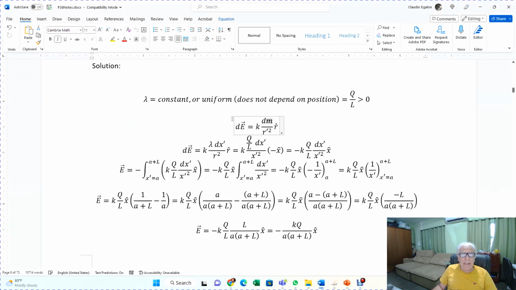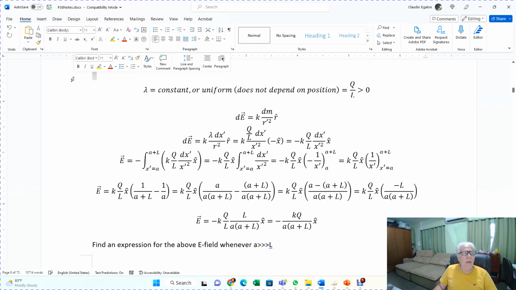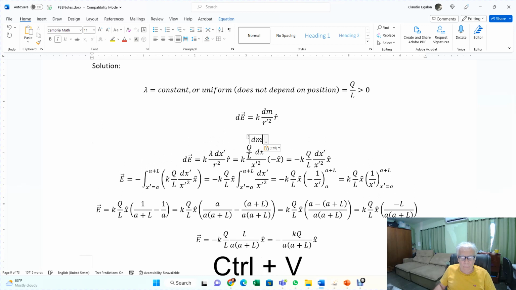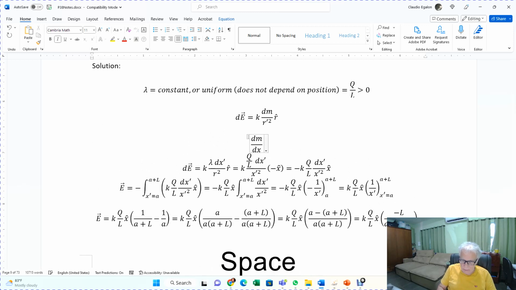Using that technique that I mentioned to you before and that we used also in physics 37, we can here write my dm in terms of the linear charge density. dm over dx is going to be equal to lambda, which, by the way, is uniform, right? It's going to be Q divided by L.